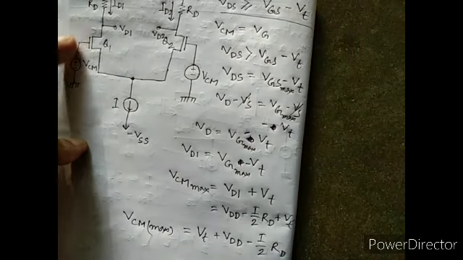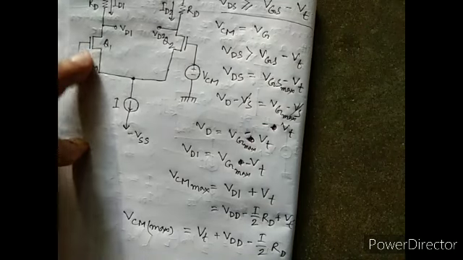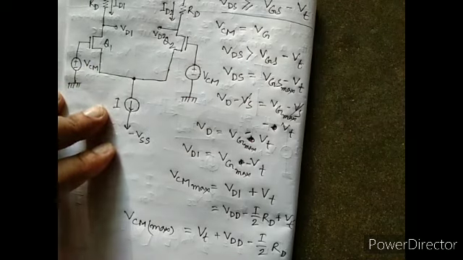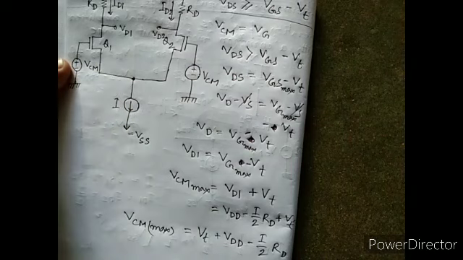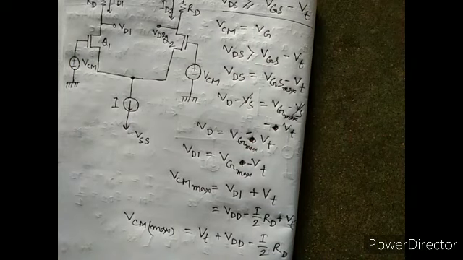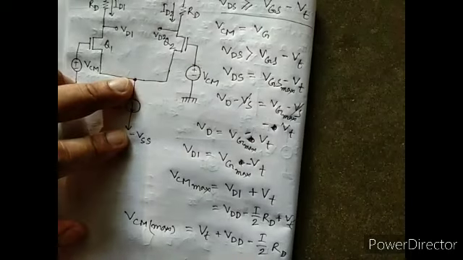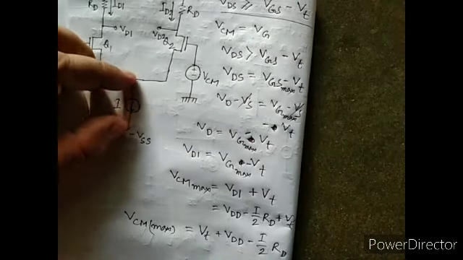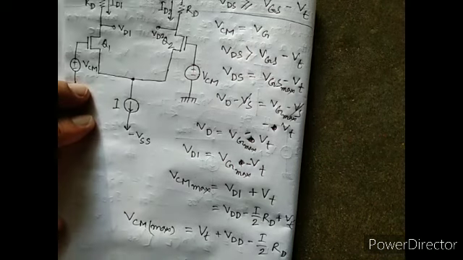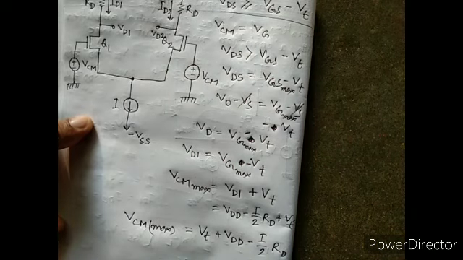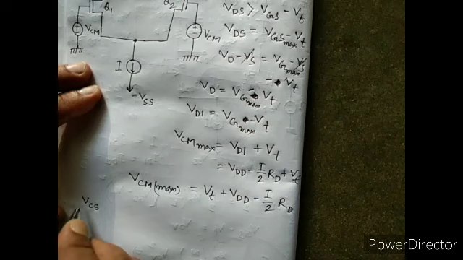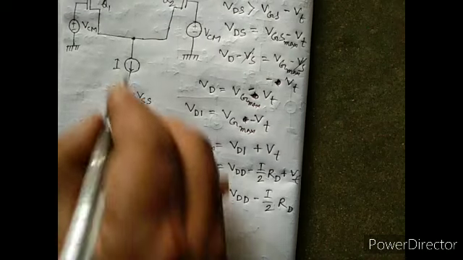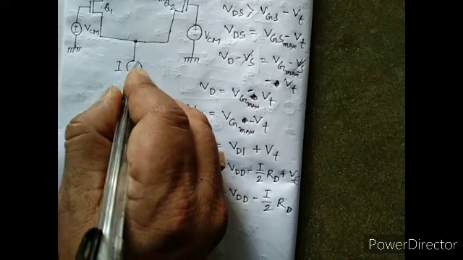If we reduce this VCM, VGS is VCM minus VS. That VS should be the minimum potential required to operate the current source I perfectly. This is the minimum potential required to operate the ideal current source.